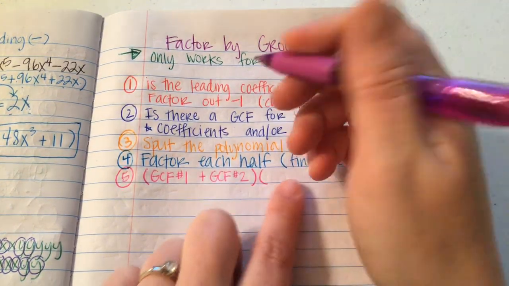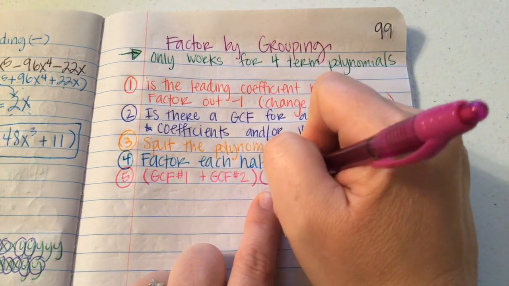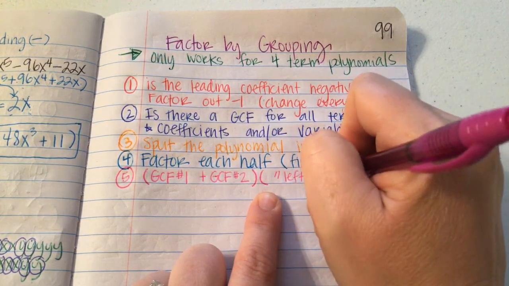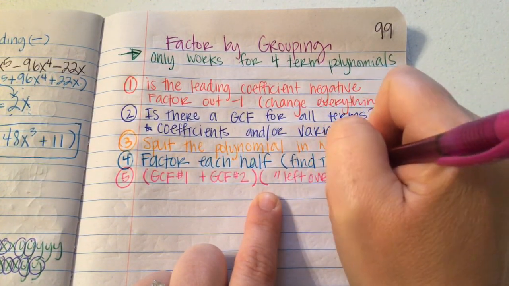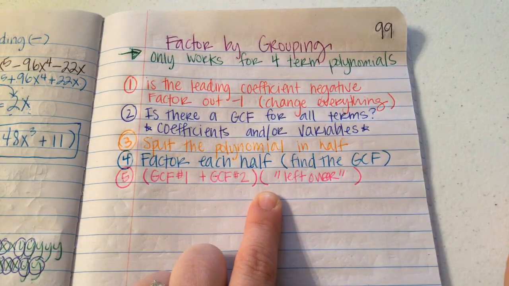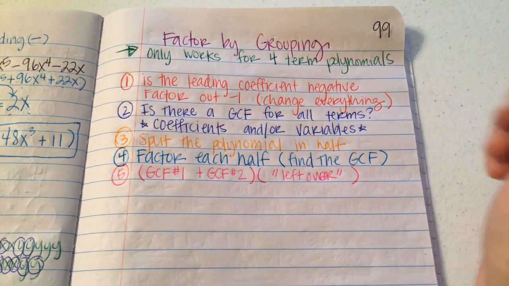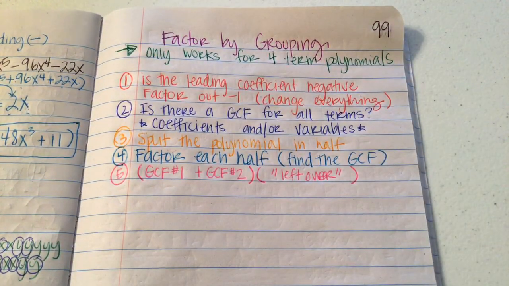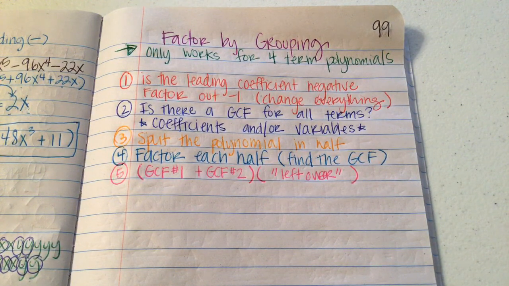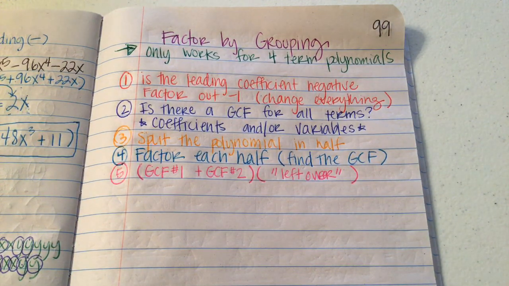And then this one is going to be what I'm calling the leftovers. Oops, overs is spelled with a V, not a W. And I'm going to show you what that leftover means. I promise it will start making sense as we progress through the problems.